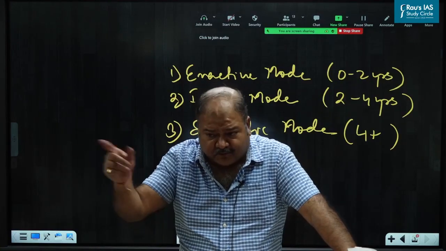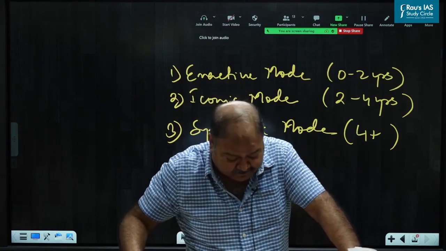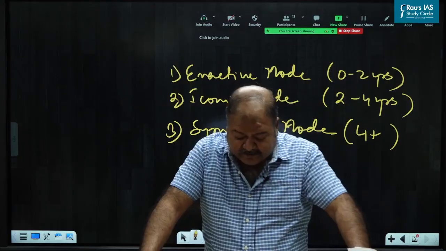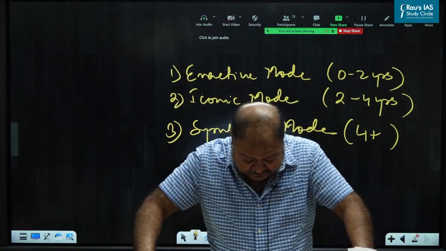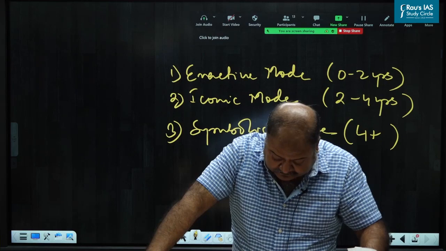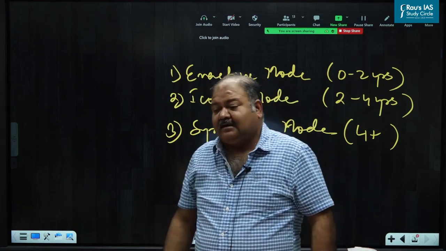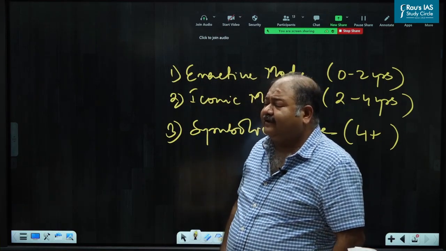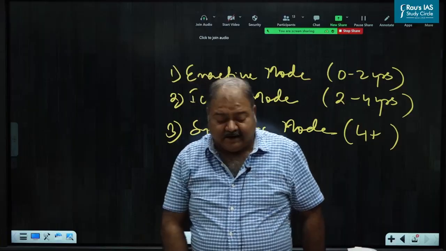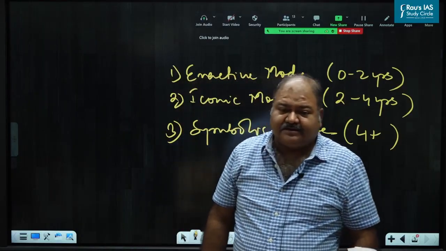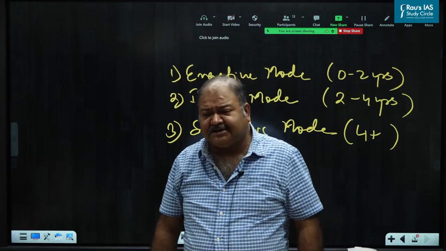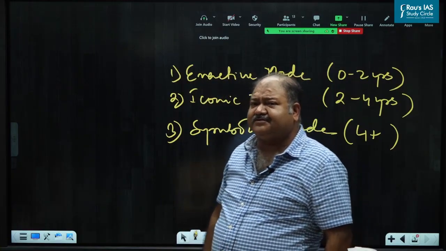Then comes 2 to 4 years of age, iconic mode. In this age, seeing becomes believing, and children begin to think in terms of visual icons.